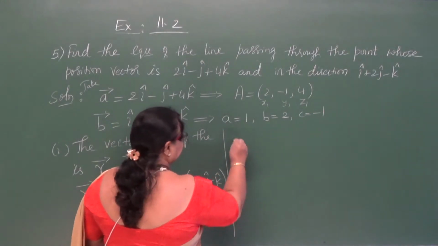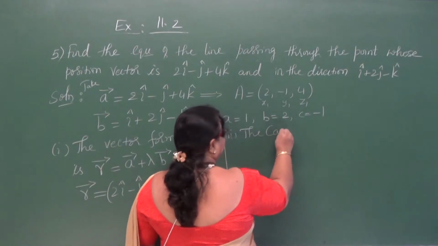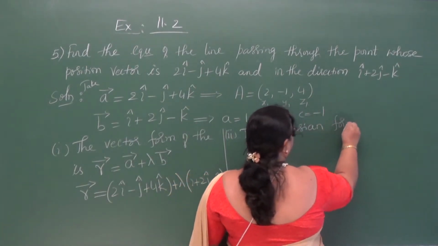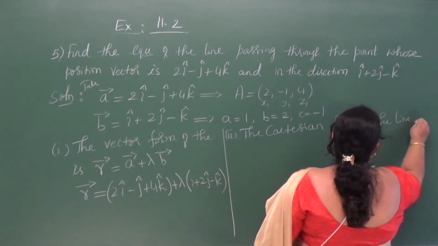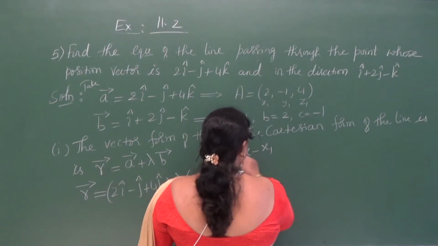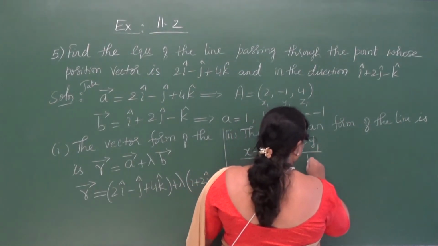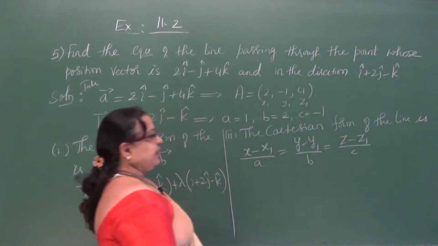Now second, the Cartesian form of the line is (x minus x1) by a equal to (y minus y1) by b equal to (z minus z1) by c.